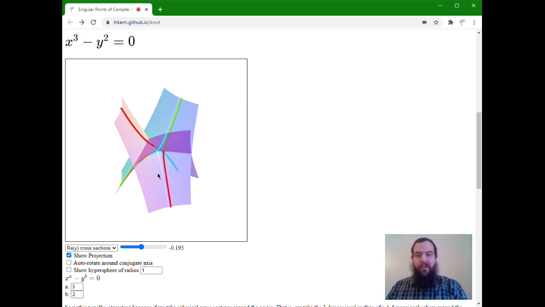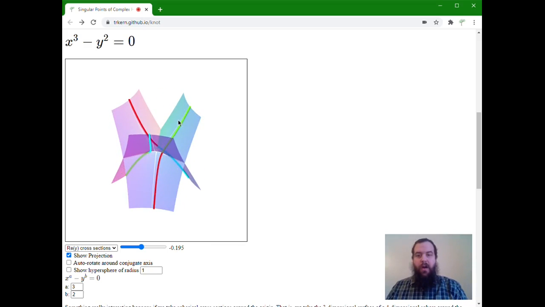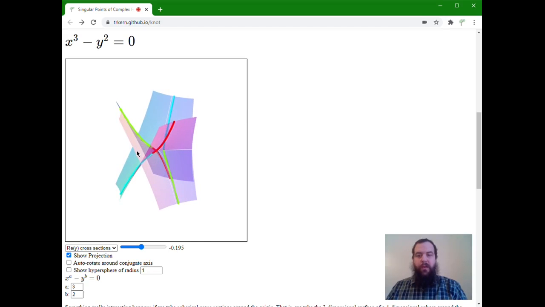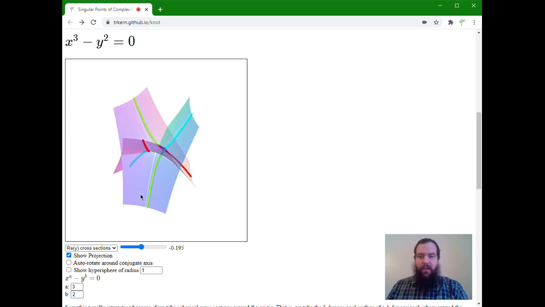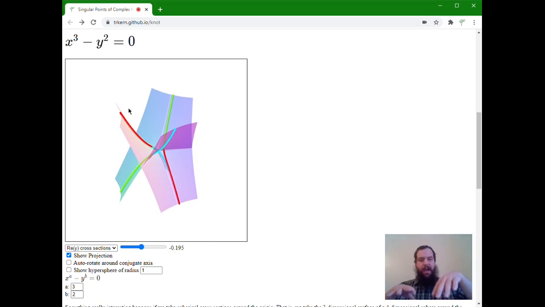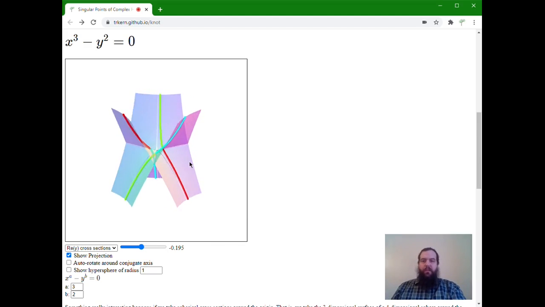You can trace your way along the surface. When it crosses through itself, you follow straight through, and you can trace out the entire surface that way. So it's not a bunch of different planar graphs intersecting each other. It's a single planar graph that's knotting in on itself. So this is really kind of neat.